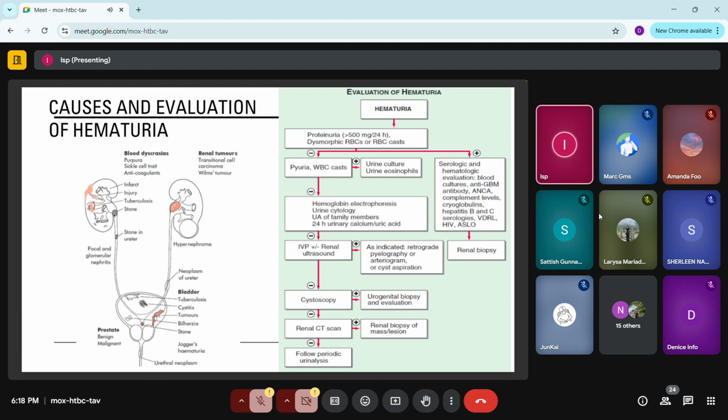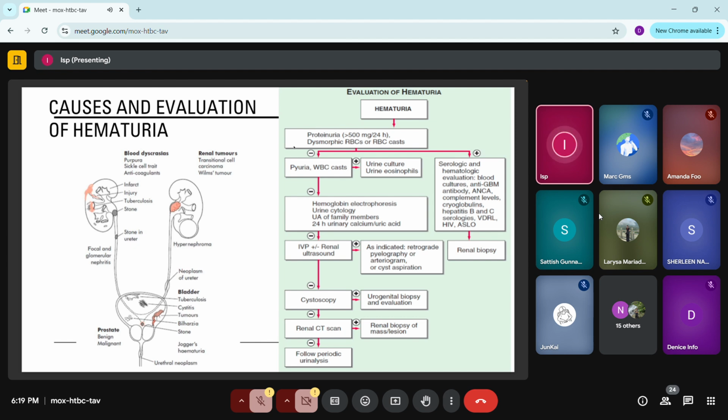Those are things you need to remember. Other causes usually are less common, but there are more specific ways to evaluate this. You follow this flow chart, evaluating hematuria, to know whether there's any proteinuria and any dysmorphic RBC or not.